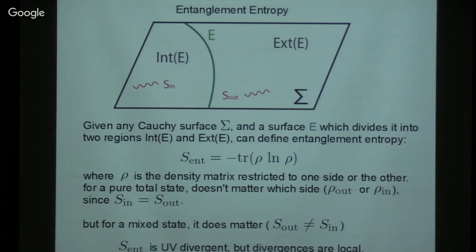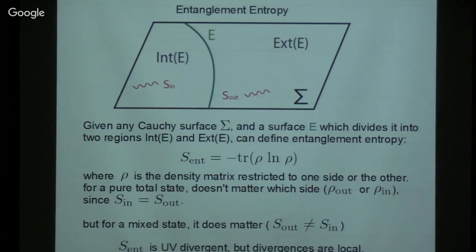Now, something happens here which is annoying, but almost always happens in quantum field theory, which is that you have divergences. This quantity actually is infinite. And that arises because there are quantum field fluctuations that are very close to this surface, coming from the very short distance degrees of freedom that are entangled across this boundary.